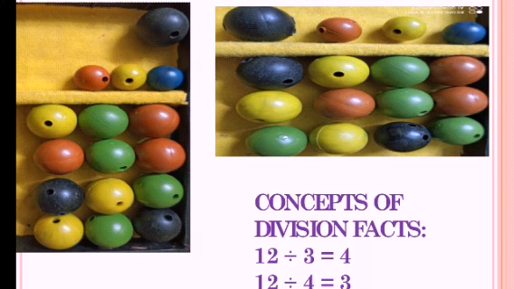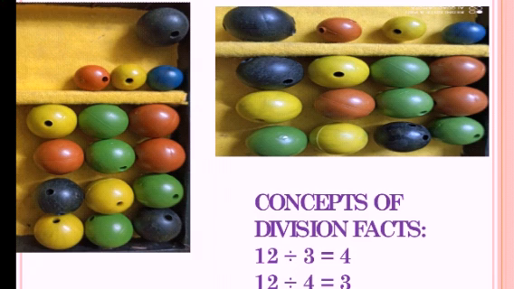Look here, in the first image, as we have found out, 12 when divided among 3 gives 4. That is, when 12 balls are divided among 3 of them, each is getting 4 balls. Now when 12 is divided among 4, each is getting 3 balls.